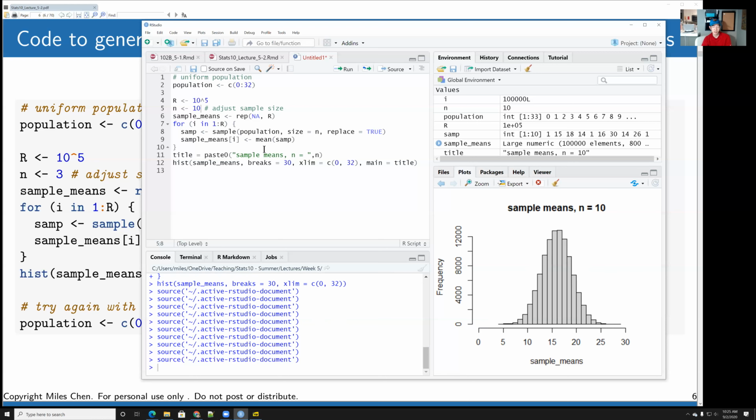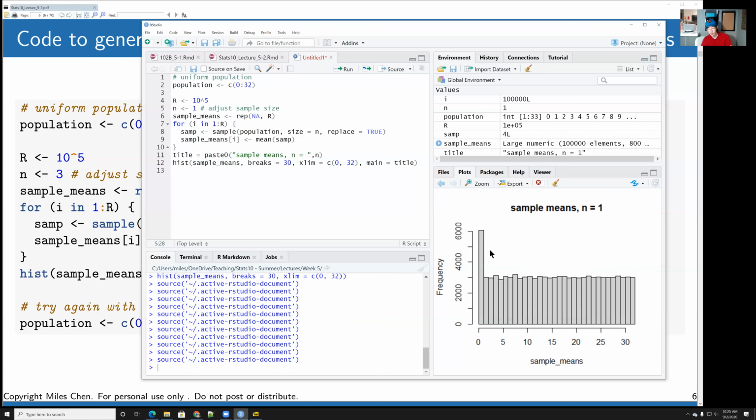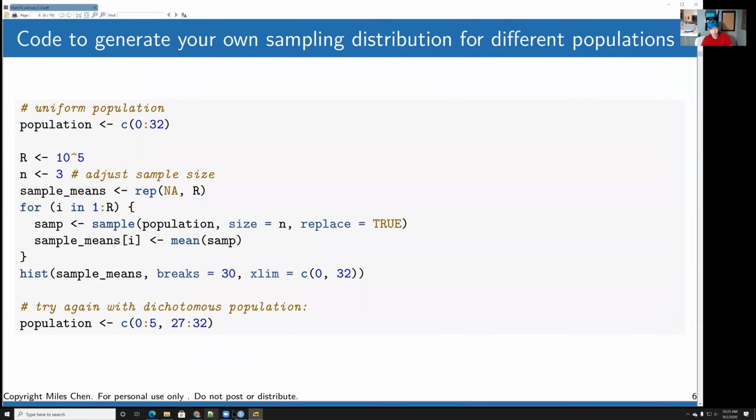And it is interesting to note, I could also do sample sizes of 1, okay? And again, with sample sizes of 1, we would get something that looks like the uniform distribution. This is just an artifact of the thing, but we're getting something that should look like the uniform distribution, okay?